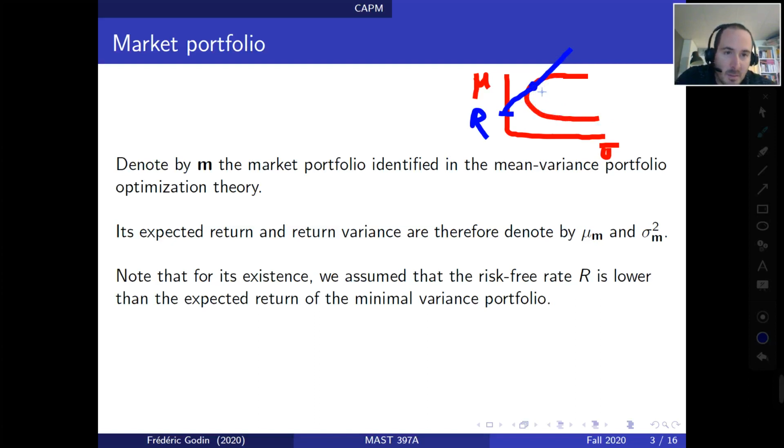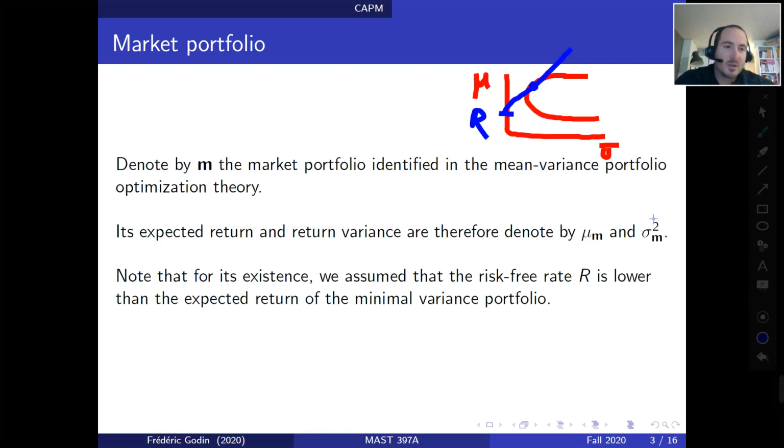Okay, so this was the market portfolio we studied in the previous section, and we're going to denote by boldface M the vector of its weights. In the previous chapter we used W for weights, but for this particular portfolio we're going to use M, where M stands for market portfolio.